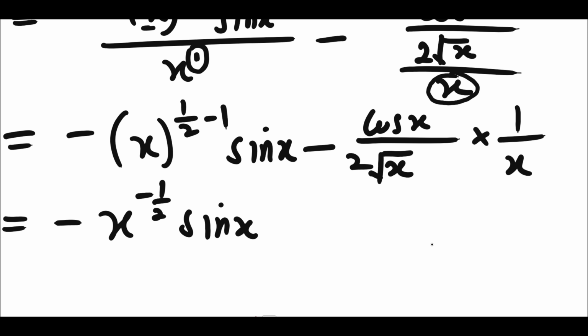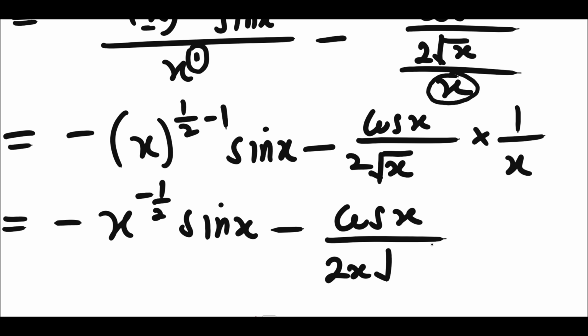Then let us work on this one too. Here we are going to get it as minus cos x over 2x multiplying square root of x, because this x will multiply the coefficient of the square root of x. So x times 2 gives us 2x times the square root of x.